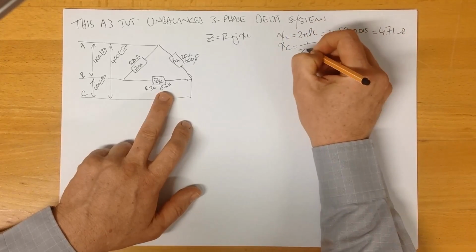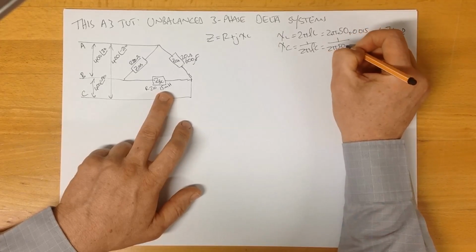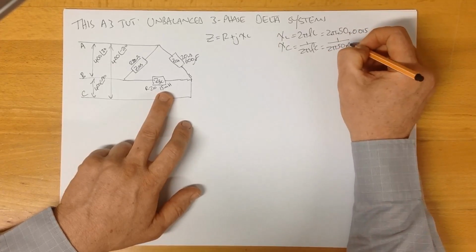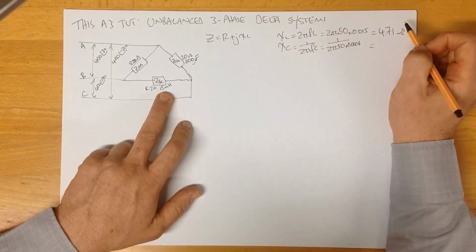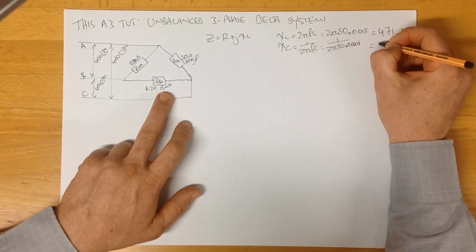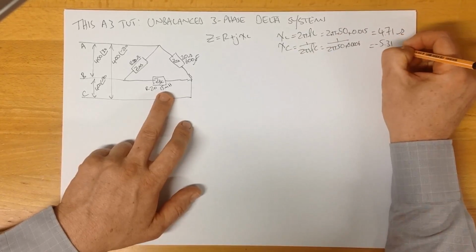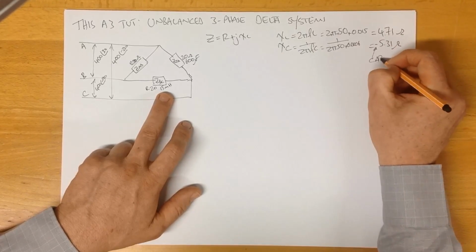XC is 1 over 2 pi FC, which gives us a capacitive reactance of minus 5.31 ohms. Where does the minus come from? That's because it's capacitive.